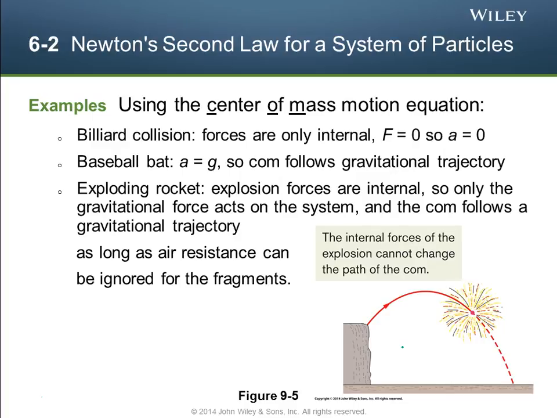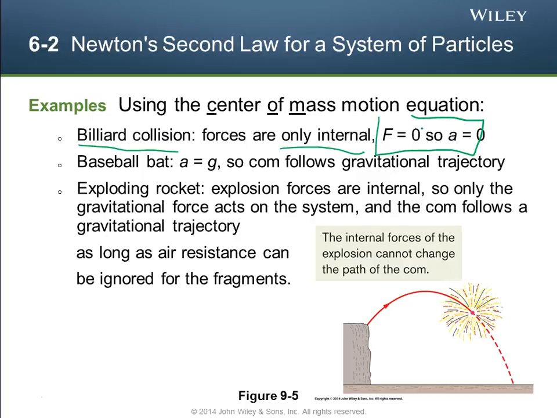So when we're looking at center of mass acceleration, we can look at just the net external force is the mass times acceleration. A nice example here is billiard collisions. If we have the billiard balls hitting and bouncing off of each other, we remember that those forces are only internal, and so therefore the net force on the whole system is zero.